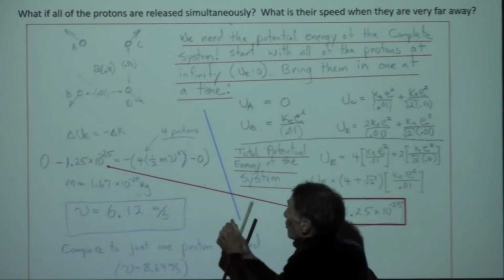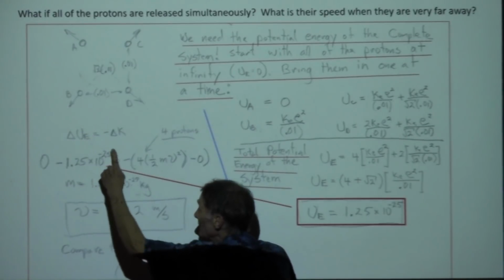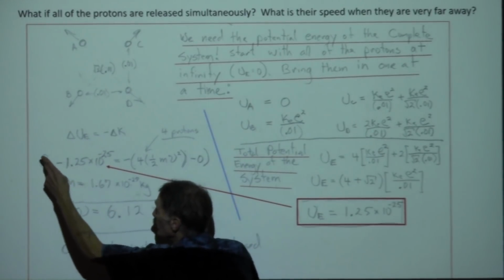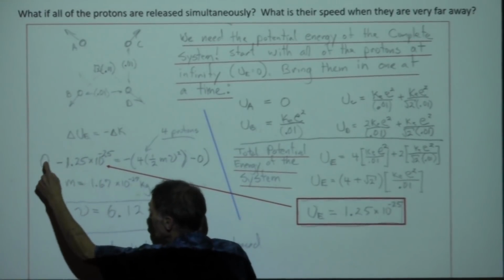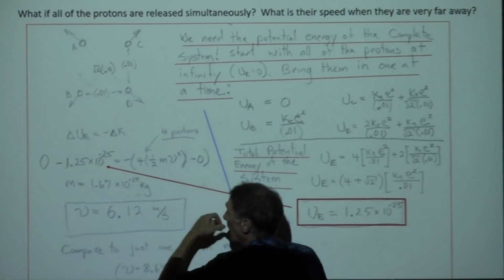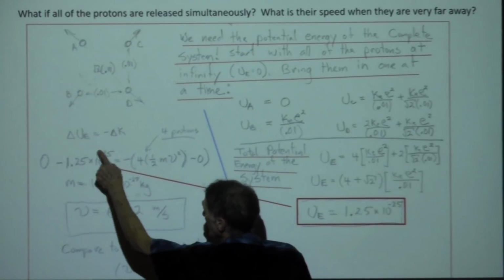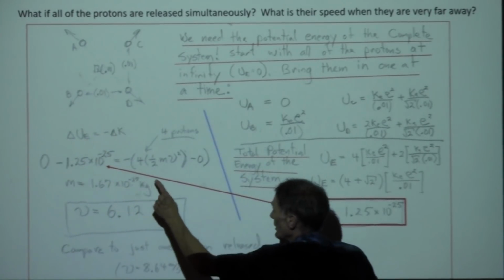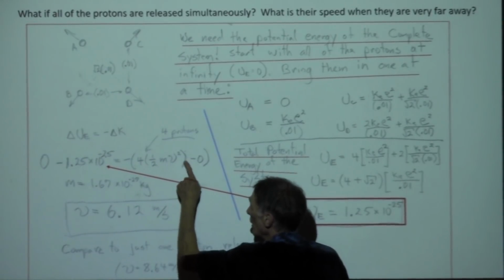Now if we release them all, we're going to unleash this energy. It's going to be final minus initial. They're going to fly apart again, so they're going to go out to infinity at 0. And that should be equal to minus the change in kinetic energy. And that's going to be, we have 4 protons. They're each going to take off with 1/2 mv squared.